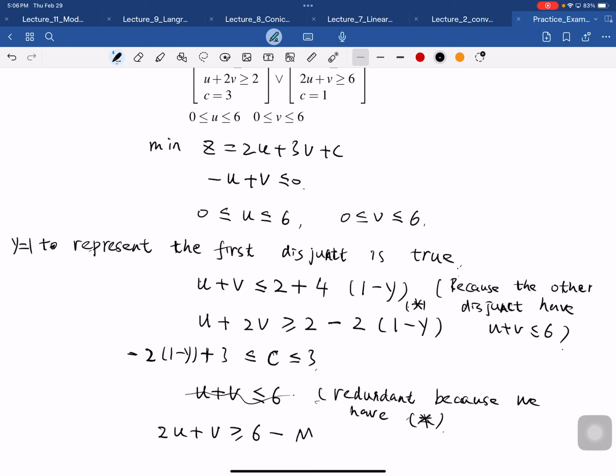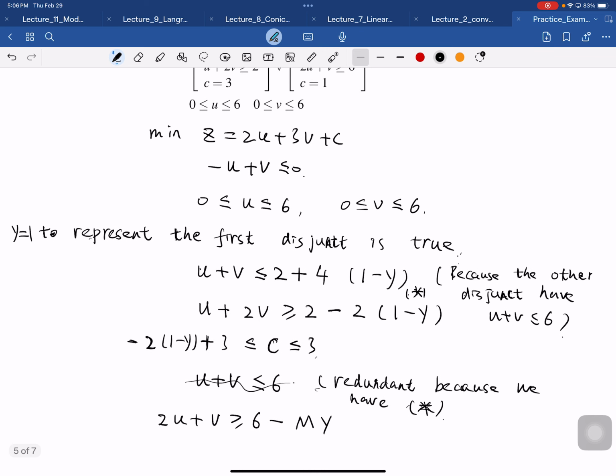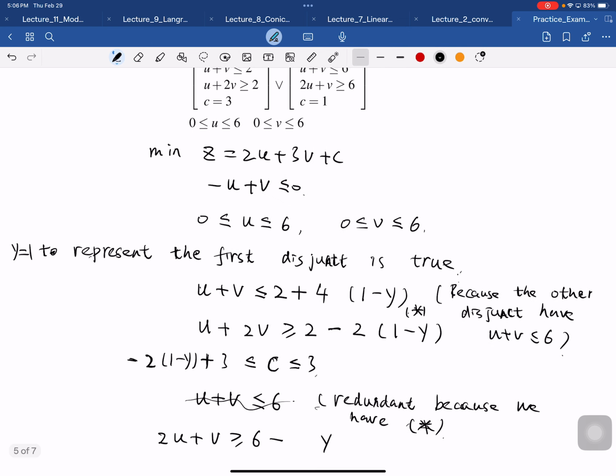A trivial one would be M equals 6, right? If y is 1, then you have 2u plus v greater than or equal to 0. So let's maybe just pick 6. I think it can be even further improved by combining it with this constraint here. Maybe let's just leave it with 6 here.